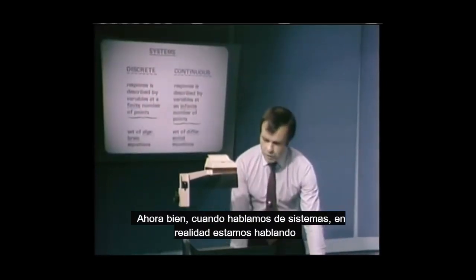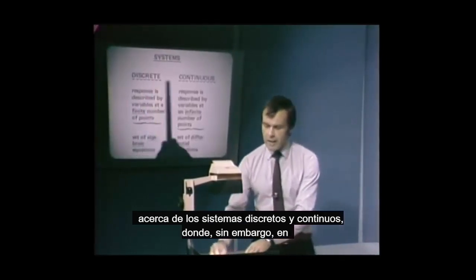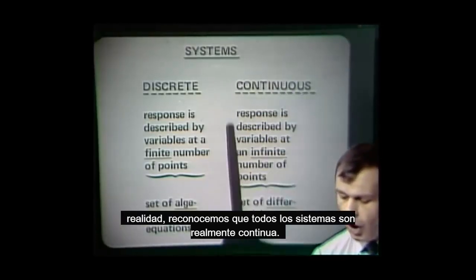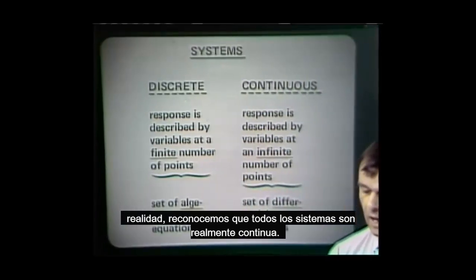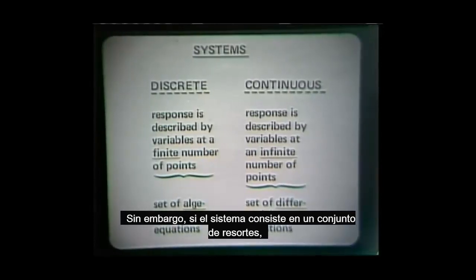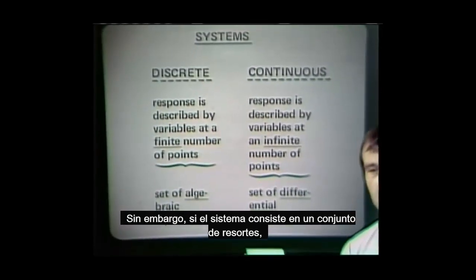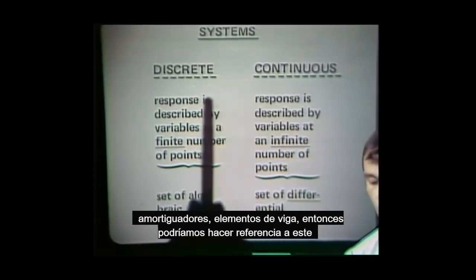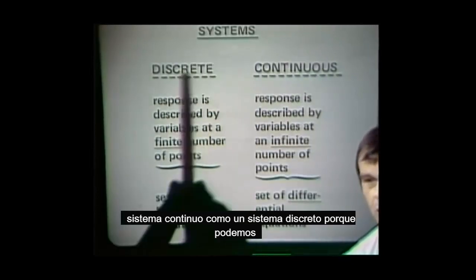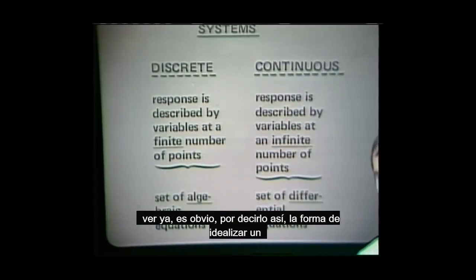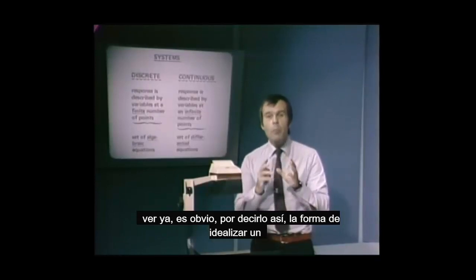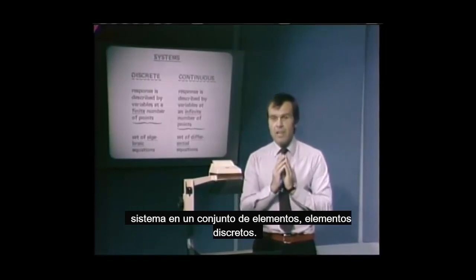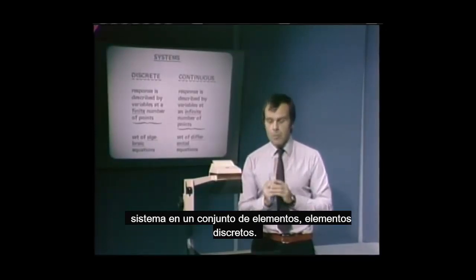Now, when we talk about systems, we are really talking about discrete and continuous systems, where, however, in reality, we recognize that all systems are really continuous. However, if this system consists of a set of springs, dashpots, beam elements, then we might refer to this continuous system as a discrete system, because it is obvious, so to say, how to idealize a system into a set of discrete elements.